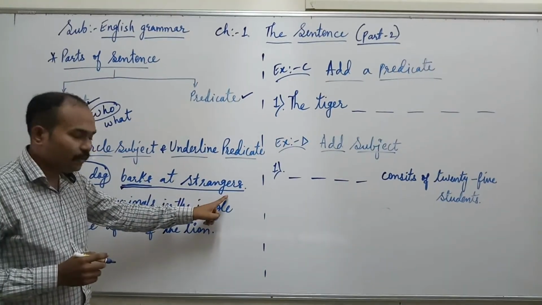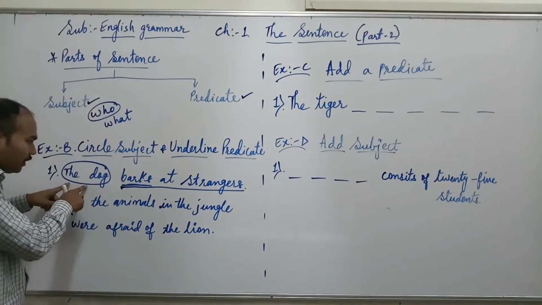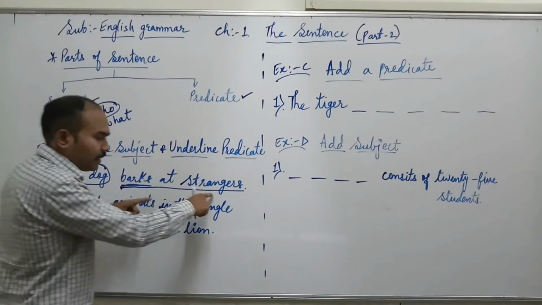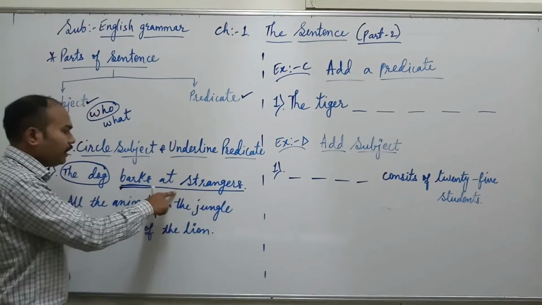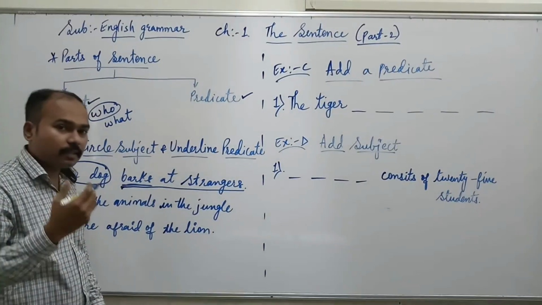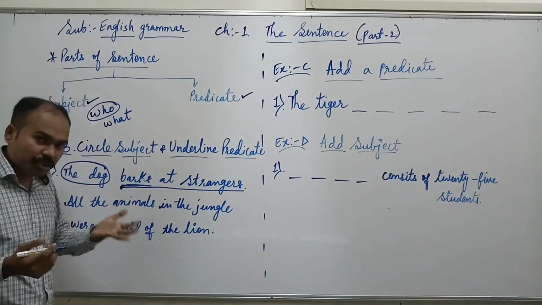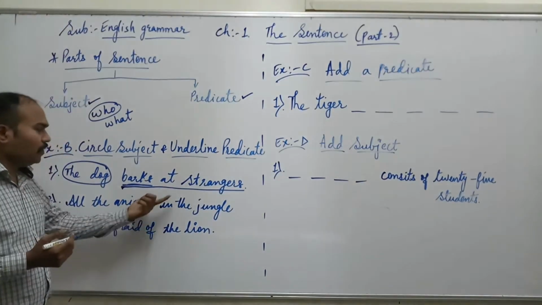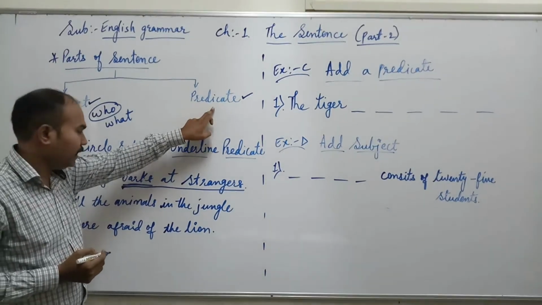From this part we know what the subject does. Subject क्या कर रहा है? Barks at strangers. So predicate will tell us what the subject is doing or what it has done or in what position the subject is. We know it with the help of the predicate.